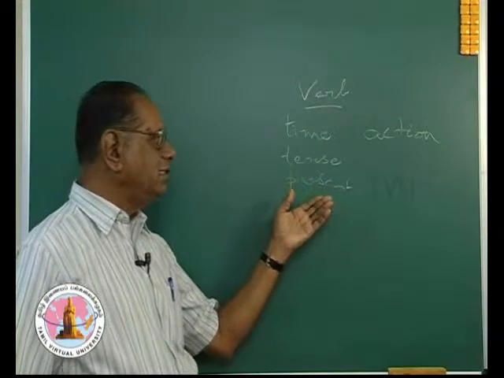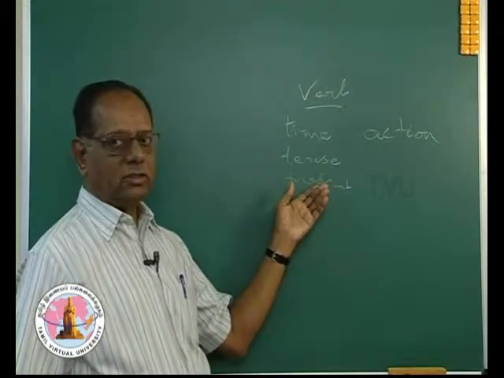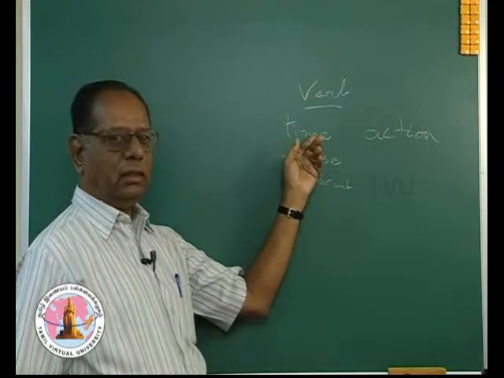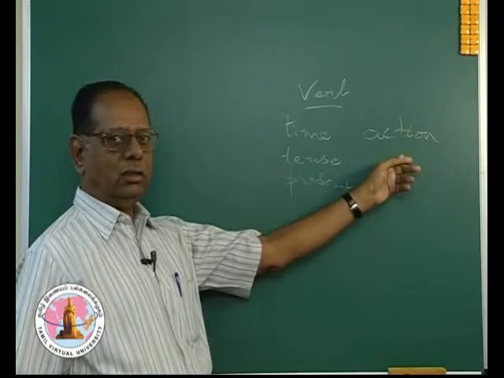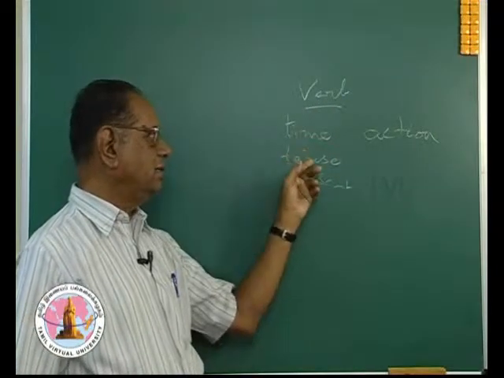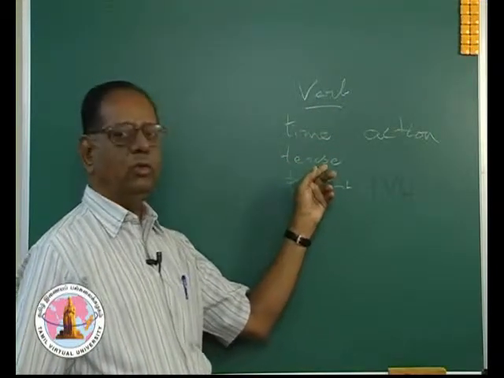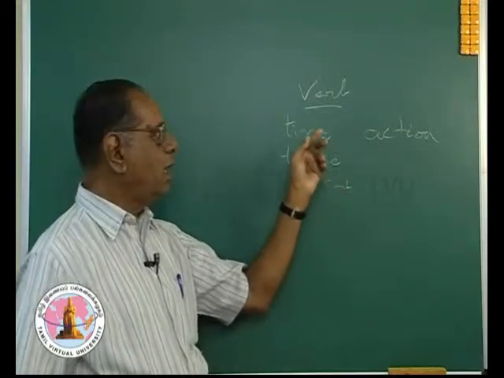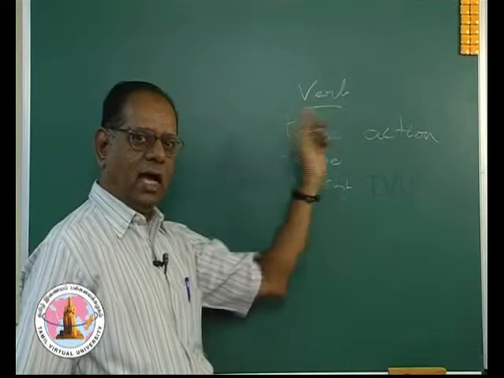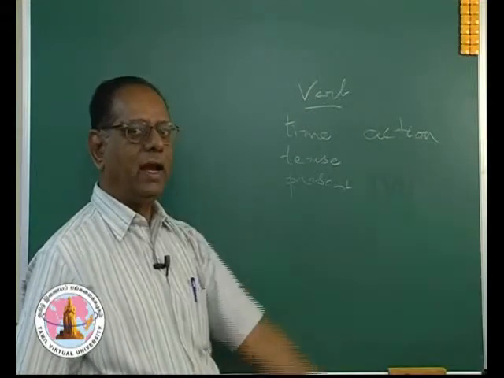So the tense indicates the time when this particular action took place, or the tense gives you the indication of the time when that person acted in a particular manner.